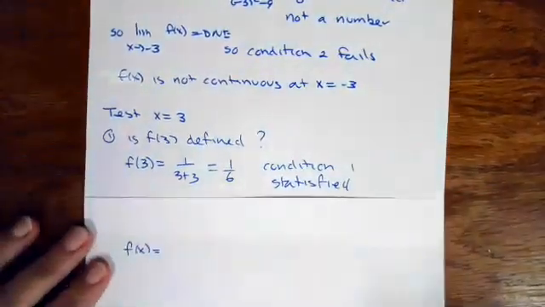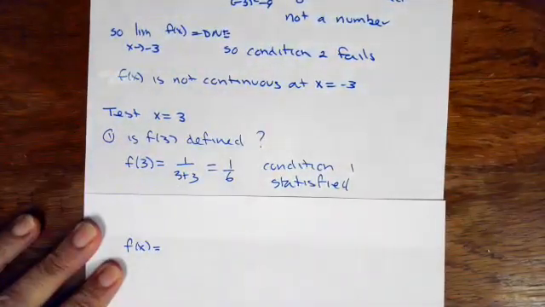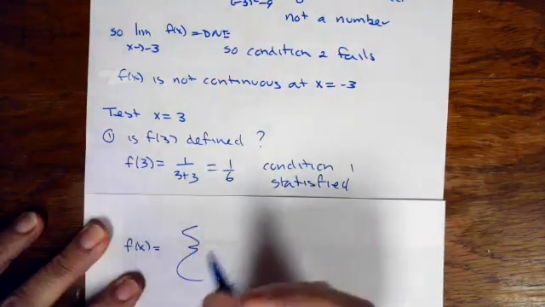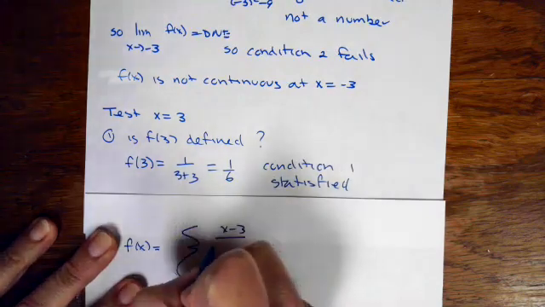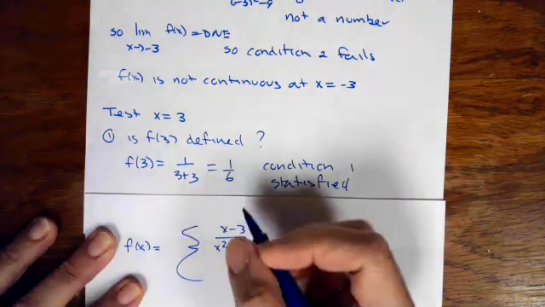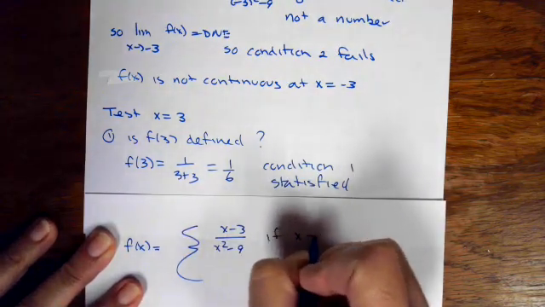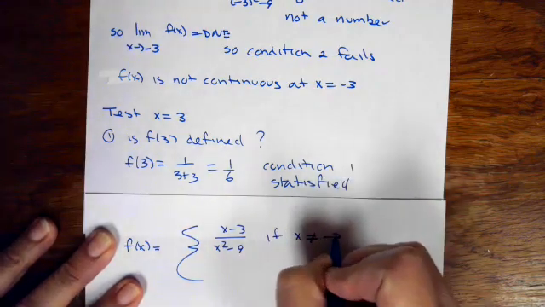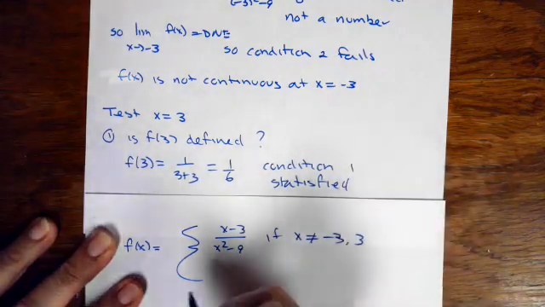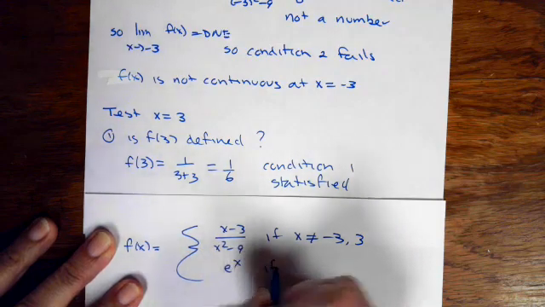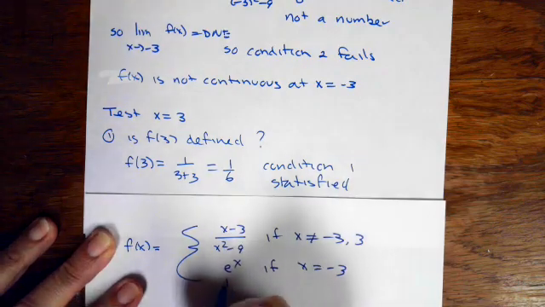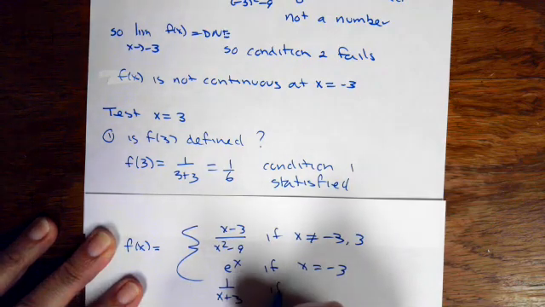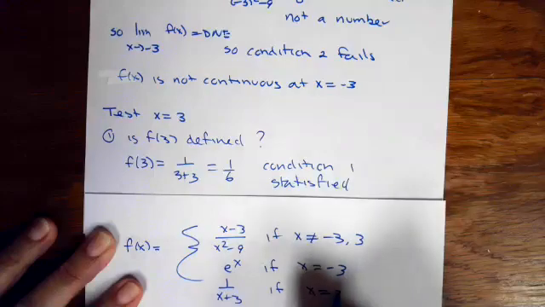I'll try to make it less crooked for you. f of x equals x minus 3 over x squared minus 9 if x is not equal to -3 or 3, it's equal to e to the x if x equals -3, and it's equal to 1 over x plus 3 if x equals 3.